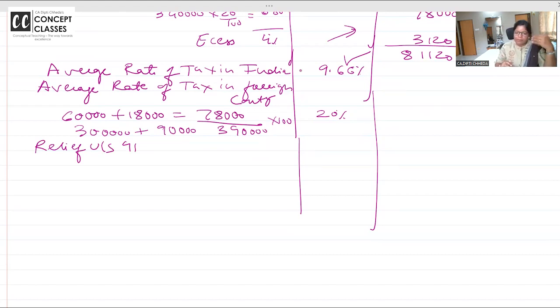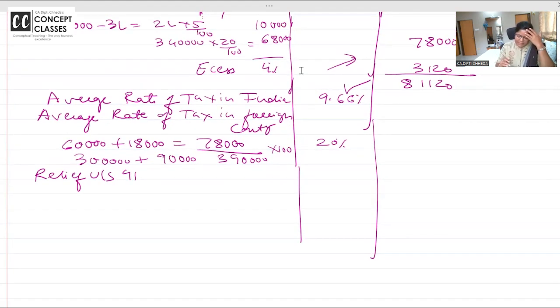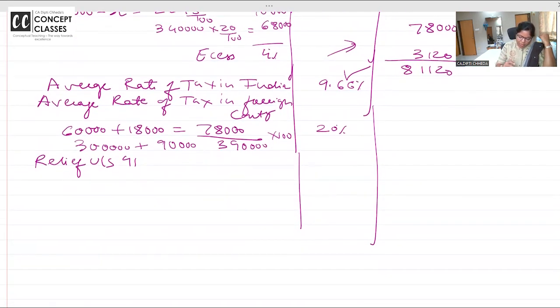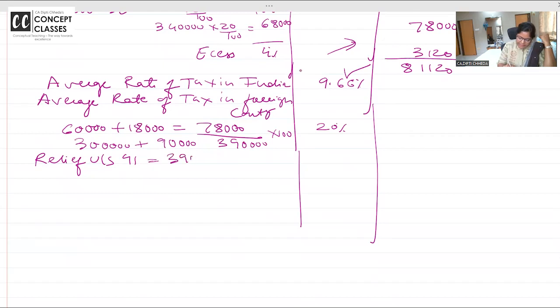I'm working more problems so that you get that. Today we are doing it comfortably, but do homework at home so that you get good speed. On what is your total income outside India? 390 into 9.66% relief. That is 37,674.